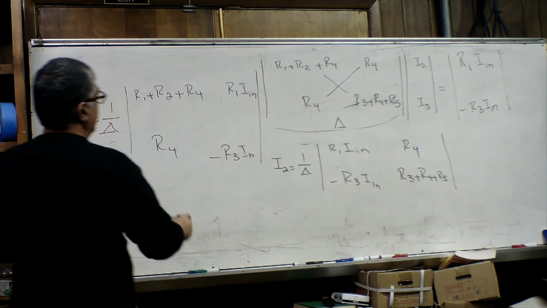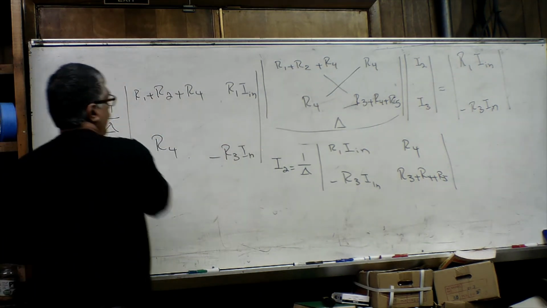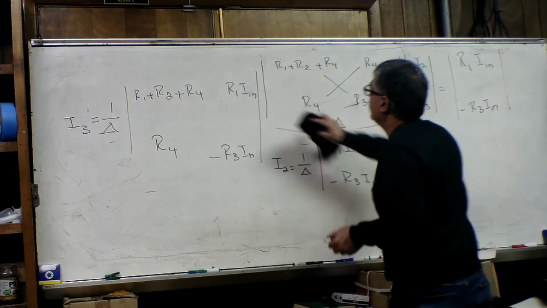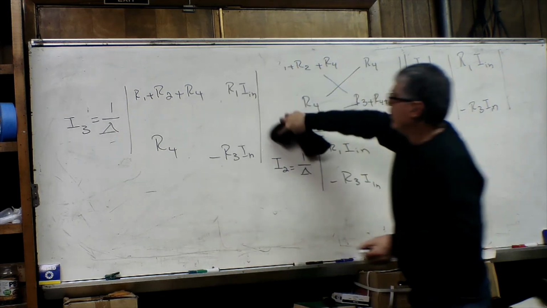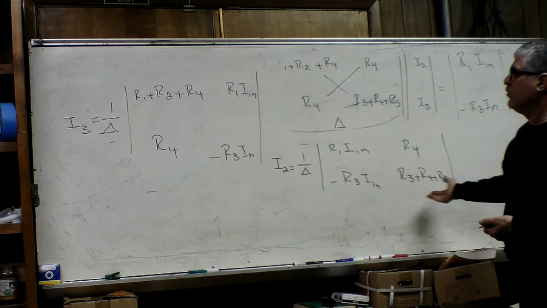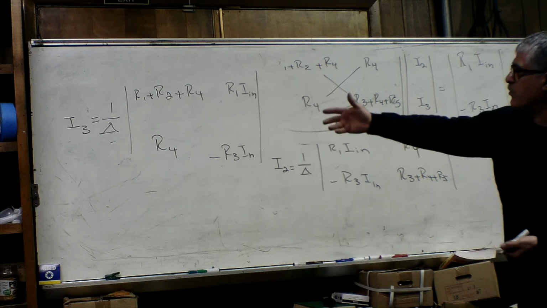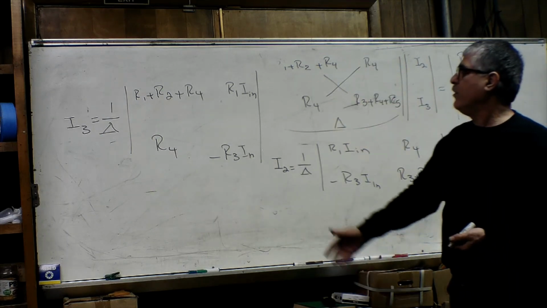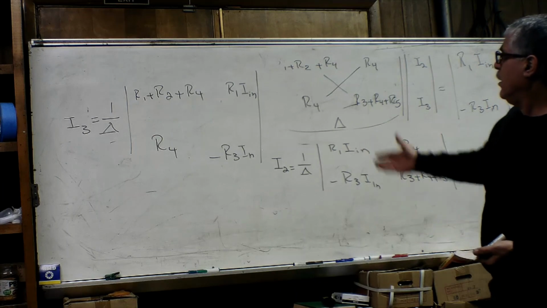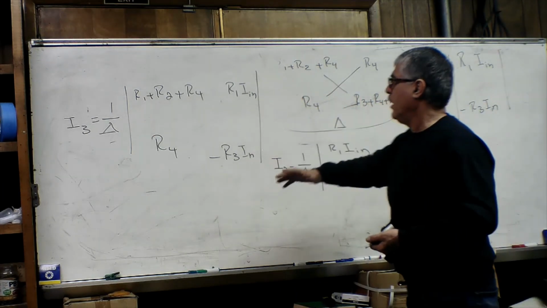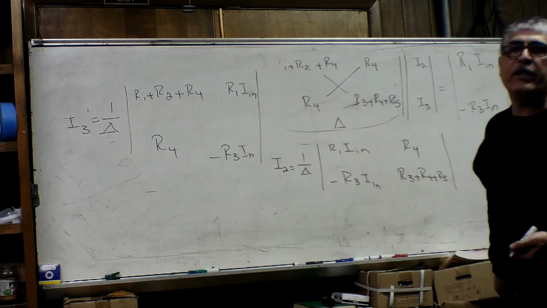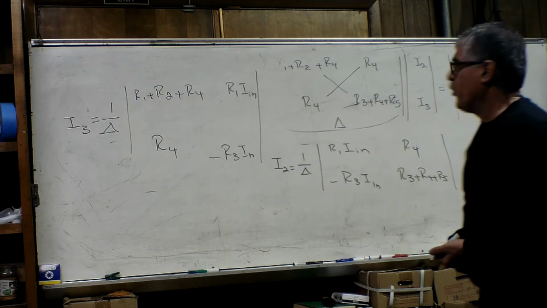And this is the value for our I3. So now we can just plug in the values that we have for the resistors and for the supply current and solve for I2 and I3. I hope you liked it.